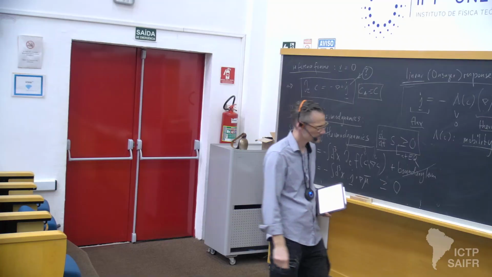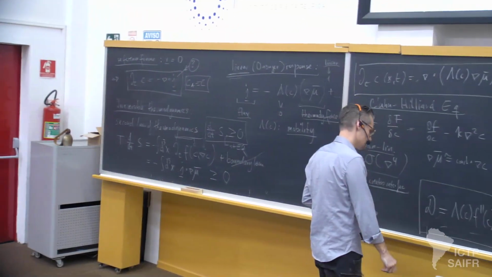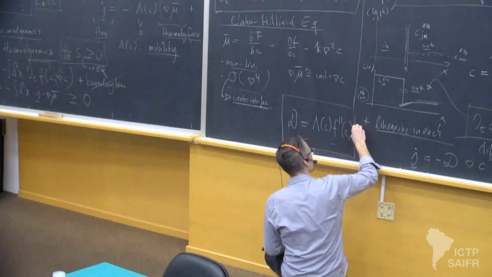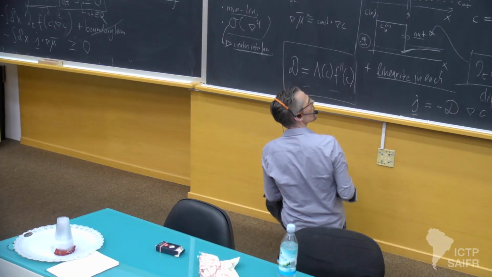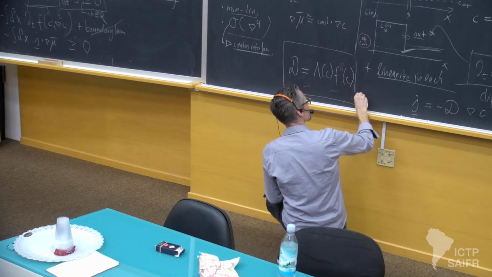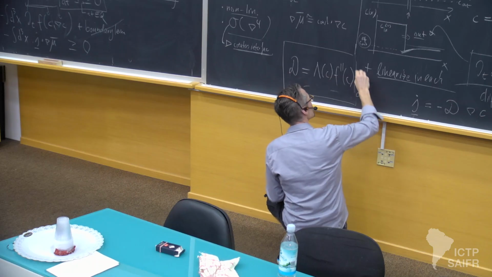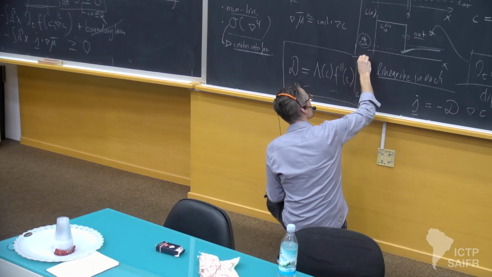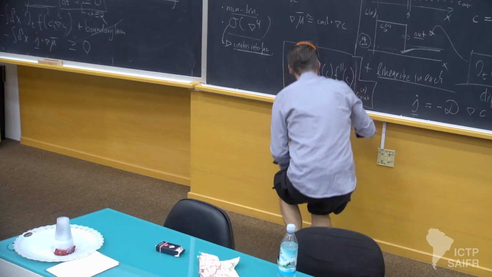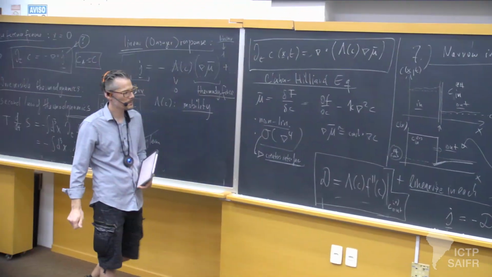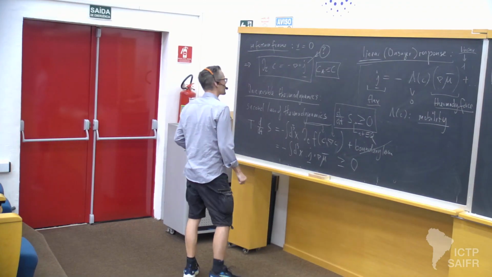Okay. Maybe I have to write here C_out^0. Okay. And the mobility is positive, and it gets multiplied by the curvature. Well, is the curvature also positive?